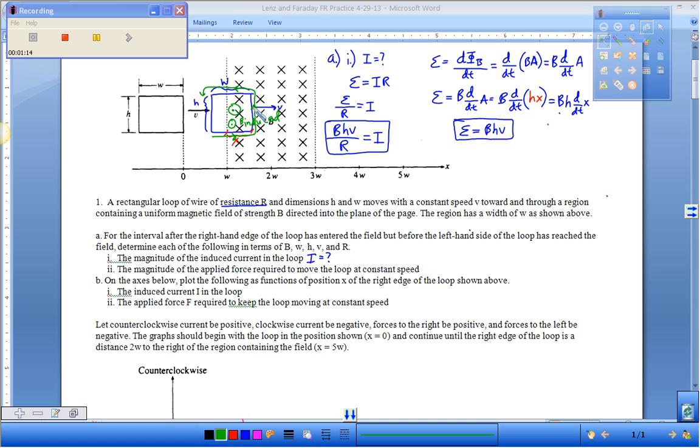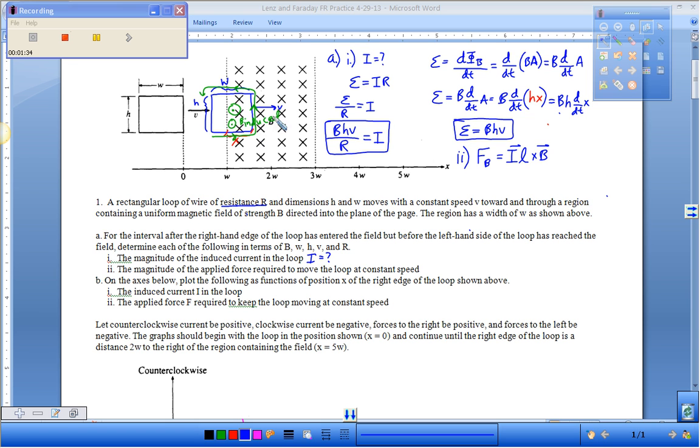Last week we talked about the idea that the force applied by a magnetic field on a current carrying wire is I L cross B. Right now I am taking a current carrying wire and I am moving it in a magnetic field.